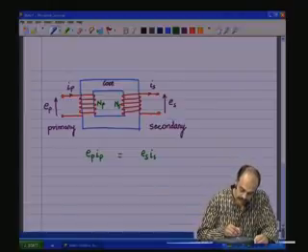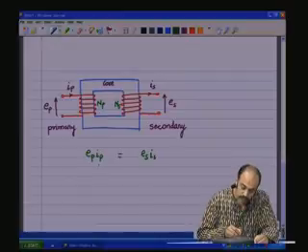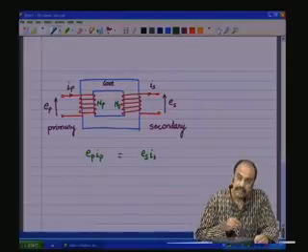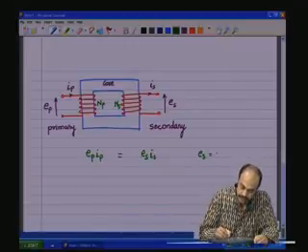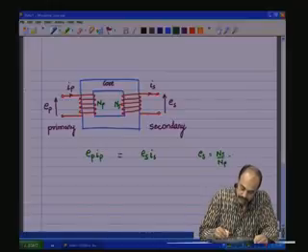in which case we can obtain the relationship between Ip and Is. We know that Es is equal to Ns by Np into Ep.